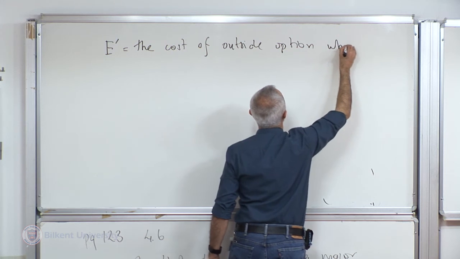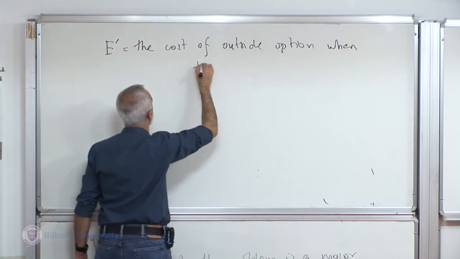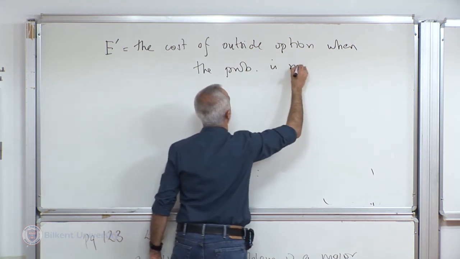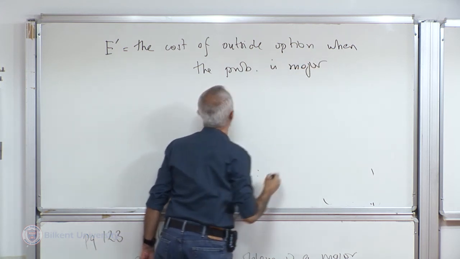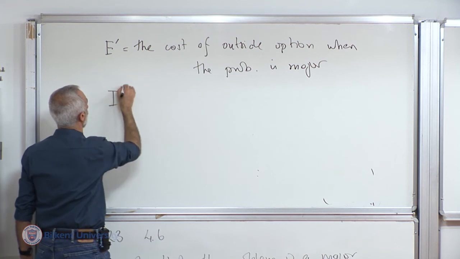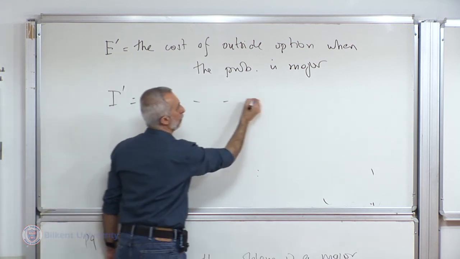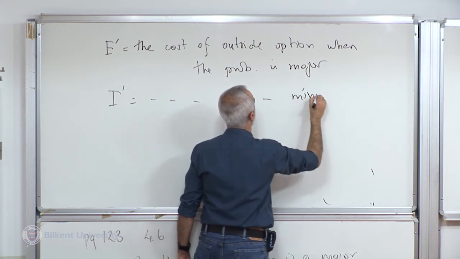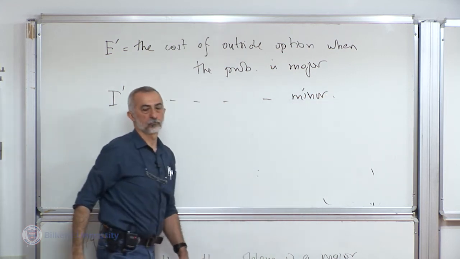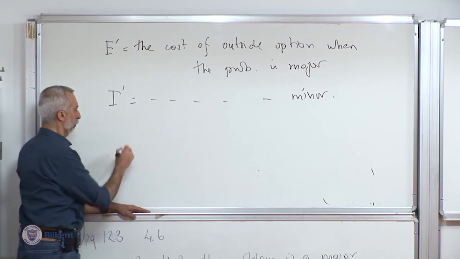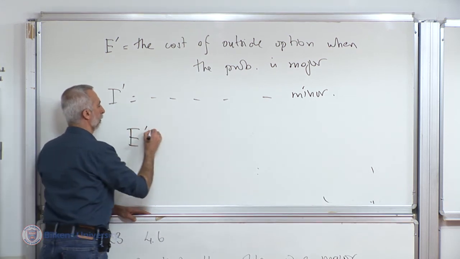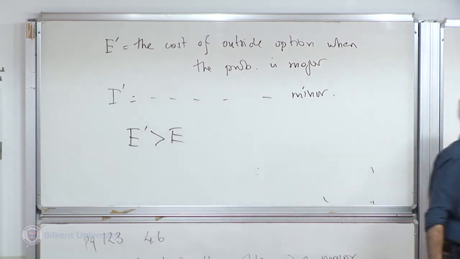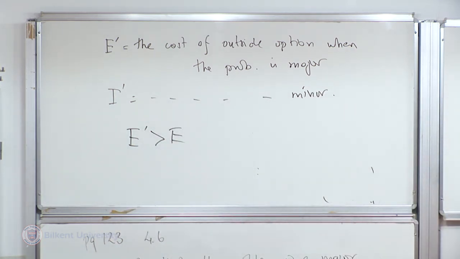when the problem is major, and I prime, the cost of the outside option when the problem is minor. Okay? We assume E prime is bigger than E. Well, when you take the outside option, you have to search for a new shop.